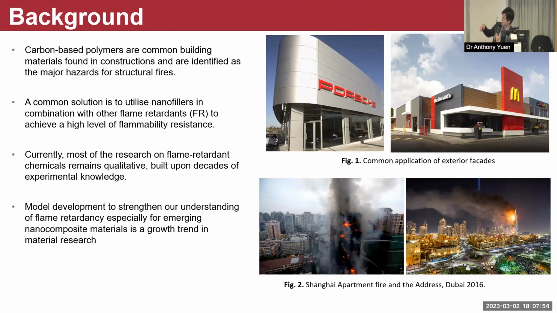But along the way, when we were studying cladding facades, such as the outer walls of McDonald's and even some new residential buildings, you have an external wall cladding system covering the building. We find that they are mainly made of aluminium cladding panels, and within them there are normally some polymers which are easily flammable.